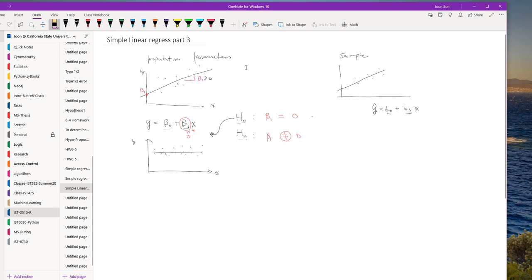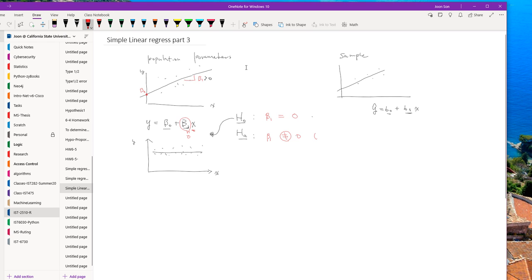It could be negative or positive, but there's some relationship between x and y. So that's how we can set up the null and alternative hypotheses. By the way, this not-equal means we are talking about two-tailed testing. Okay, so that's the basic initial setup. Okay, so if you just review, right?